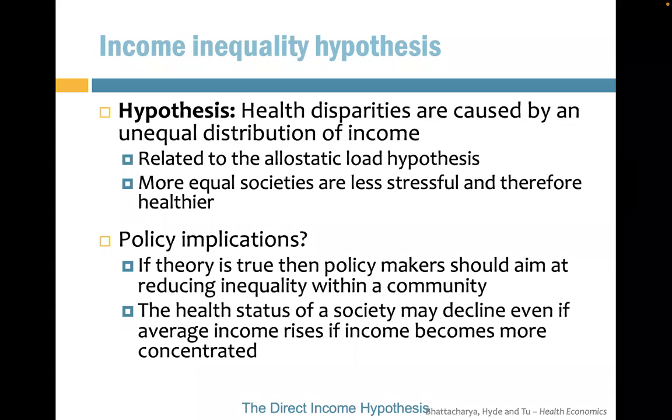But this one is hard to find evidence because we cannot randomly assign societies into different level of inequality. Even if we compare countries with different level of inequality, it is still hard to rule out selection bias. So this hypothesis is just a hypothesis. It's very hard to draw causal conclusion about whether it's true or not.